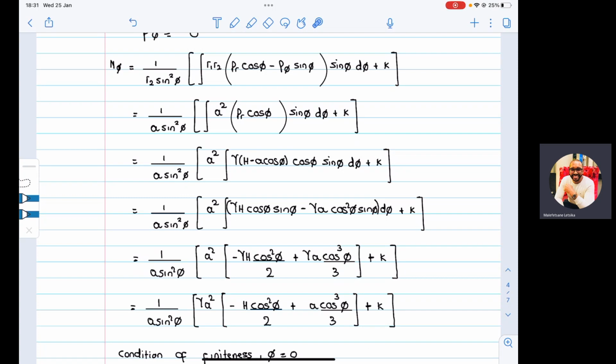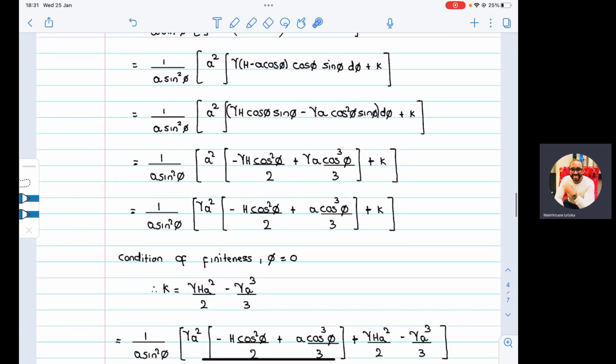And then I further expand this equation. I multiply out my gamma, and this is what I have. So it's gamma cos phi sine phi multiplied by h, that term. And then it's gamma cos phi sine phi multiplied by negative a cos phi. Of course, it's 2 cos phi's, hence cos squared phi, and then a, sine phi, and then d phi.